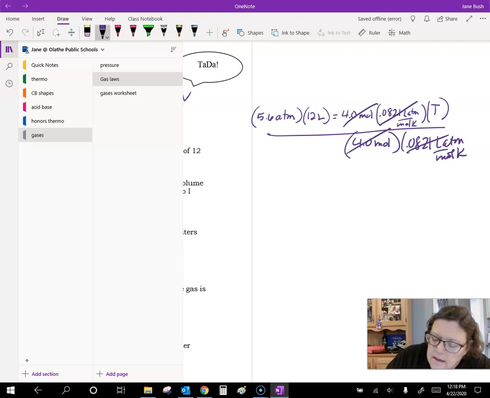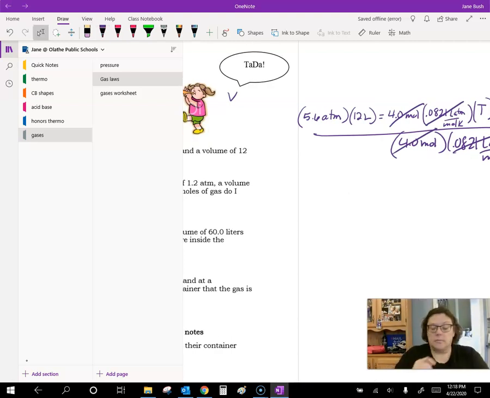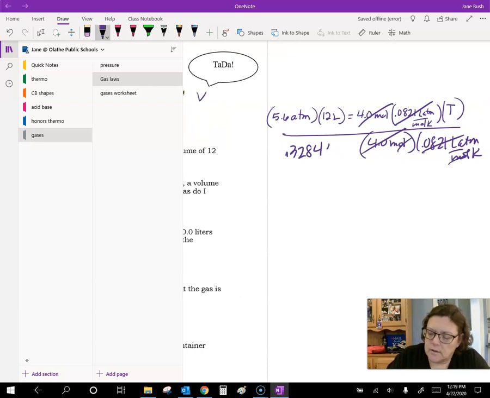That cancels, that cancels. I'll do the math for you. So 4 times 0.0821 is 0.3284, and we've canceled out our moles there, so we have liters atmospheres over Kelvin, and that's going to equal temperature. So 5.6 times 12 divided by 0.3284 gives us 204.6 Kelvin.